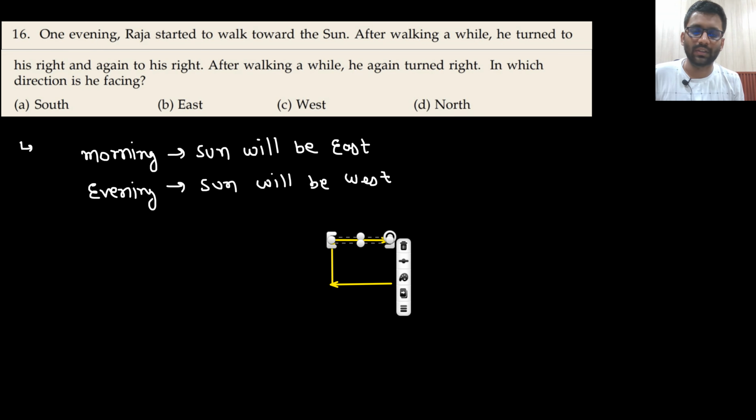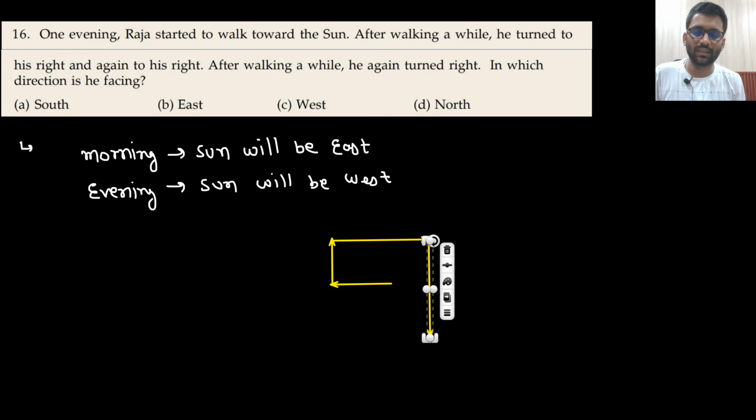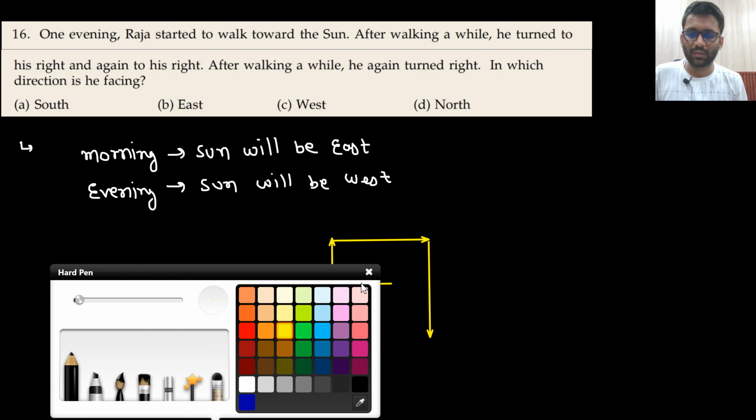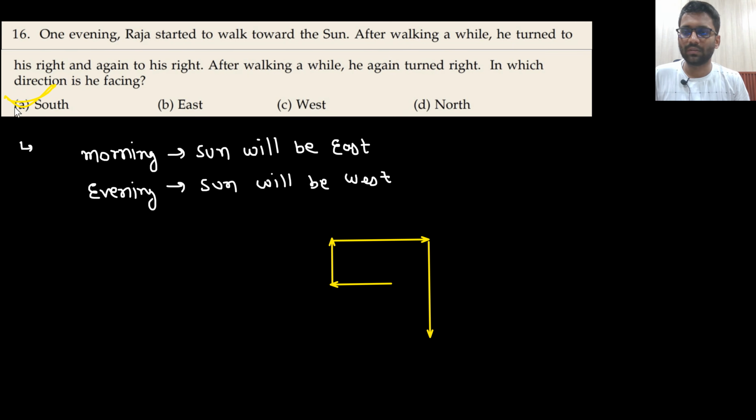In which direction is he facing now? So he took a right turn 3 times. 1, 2 and one more time, 3. So in which direction is he facing? South. Answer is south. Okay. So in the morning, sun will be in east.